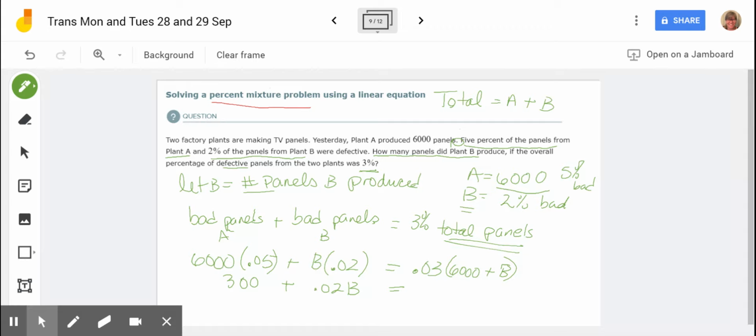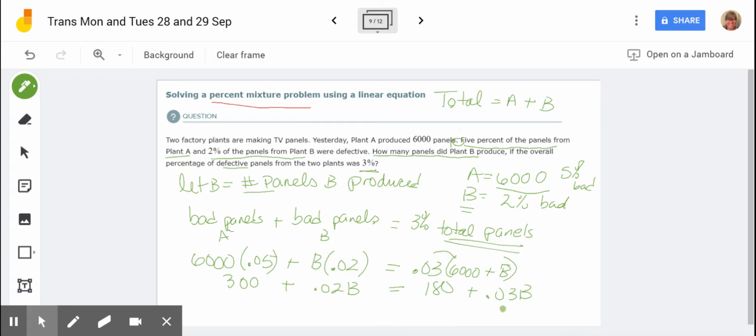What's that? 0.03 times 6,000 is 180. Okay, we're distributing, so 180 plus 0.03b.